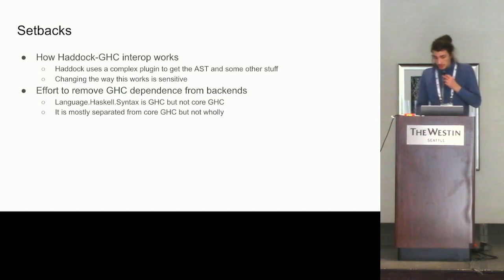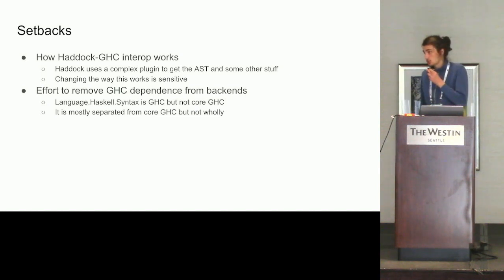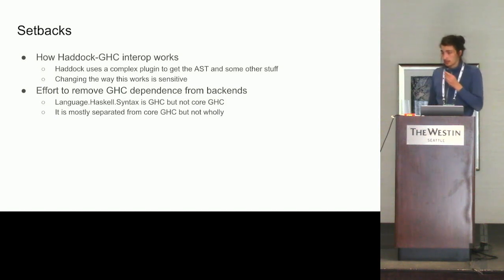Another issue is the broader effort to remove the Haskell AST from GHC. This is currently an ongoing effort. There is work on moving the Haskell syntax tree into a module, language.haskell.syntax, which is not part of the quote-unquote GHC core that is problematic to use in Haddock.